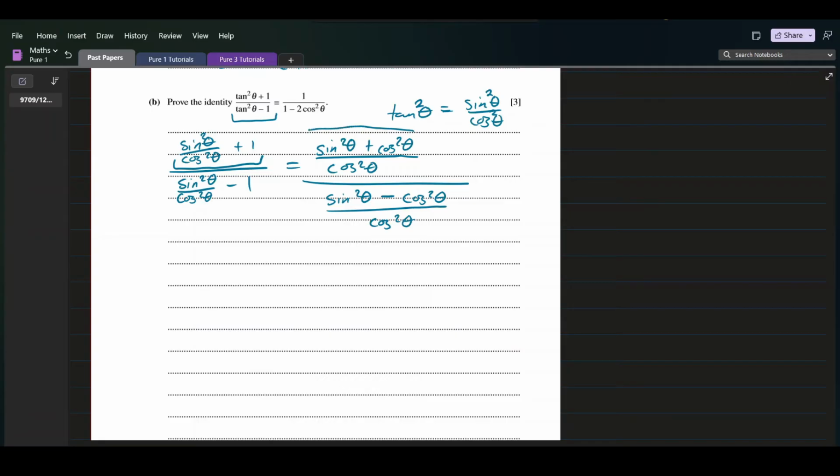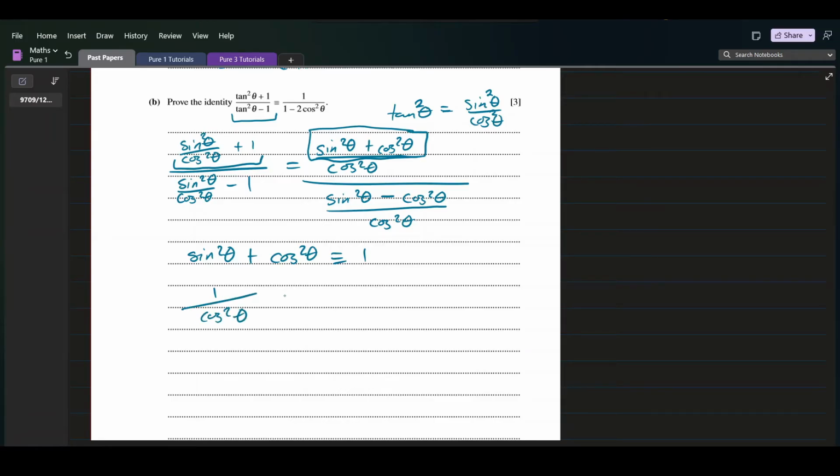So here you notice that we can use the identity sine squared theta plus cos squared theta is identical to 1. So we can replace that part with 1. So it becomes 1 over cos squared theta.